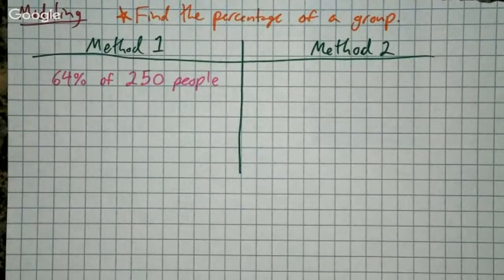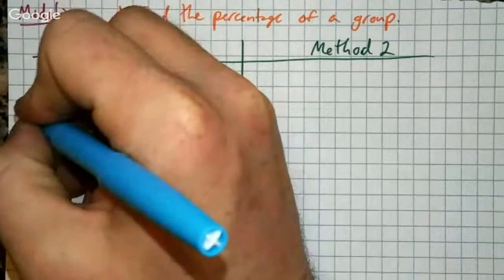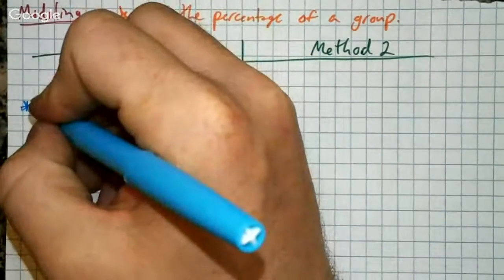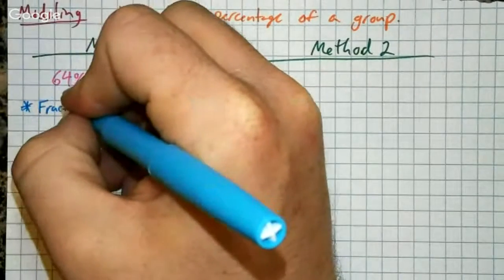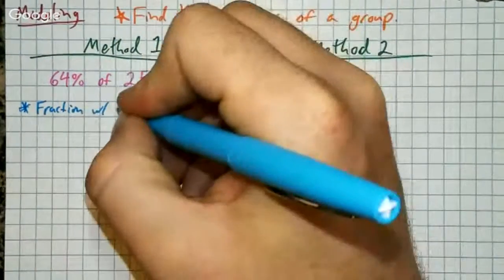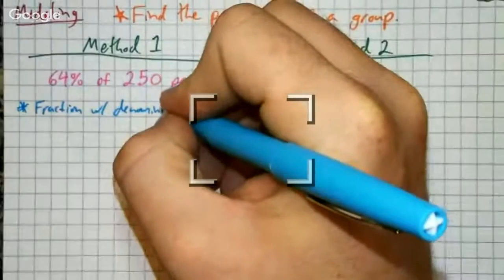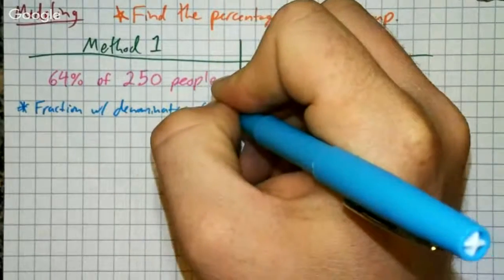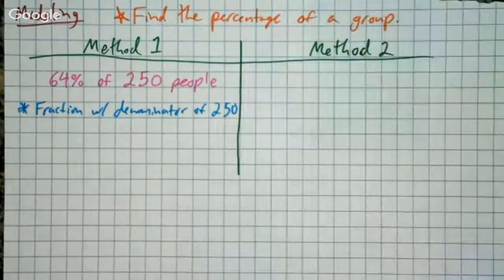All right. Now, one way to solve this is by finding a fraction with a denominator of 250, because that's how many people.